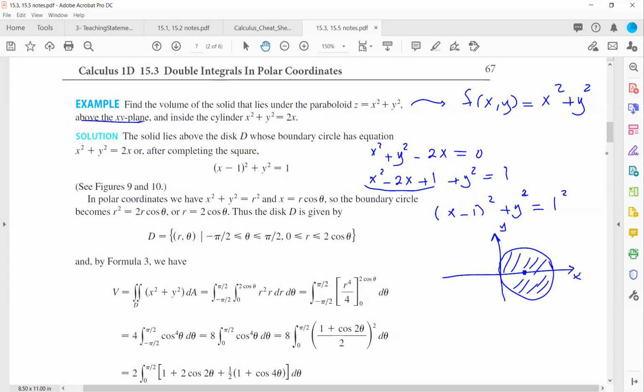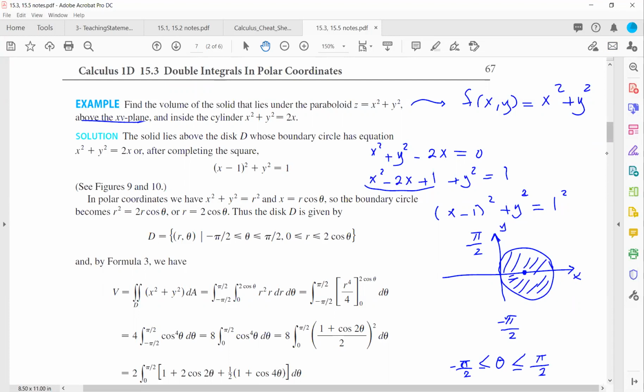Perfect. So for this shape, as you can see, your theta ranges between negative pi halves and pi halves, only on this side. So for sure you can say that my theta is between minus pi halves and pi halves. Then we have to think about r. r is not 1.